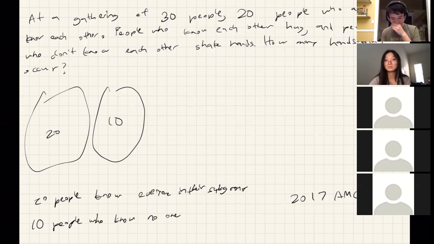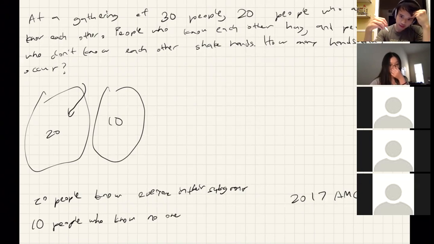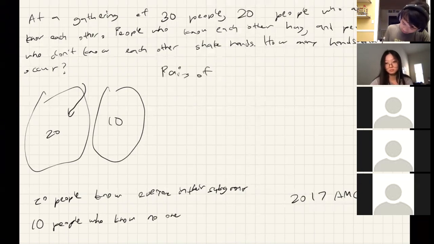These 10 people know no one out of the 30 people, and in the group of 20, every two people know each other. People who know each other hug, and people who don't know each other shake hands. How many handshakes occur? We're trying to find pairs of people who don't know each other, because people who don't know each other shake hands.